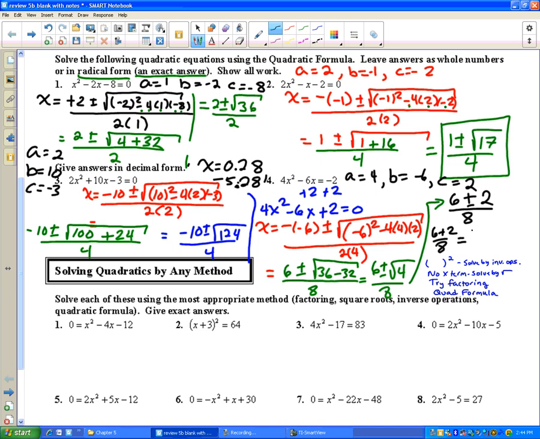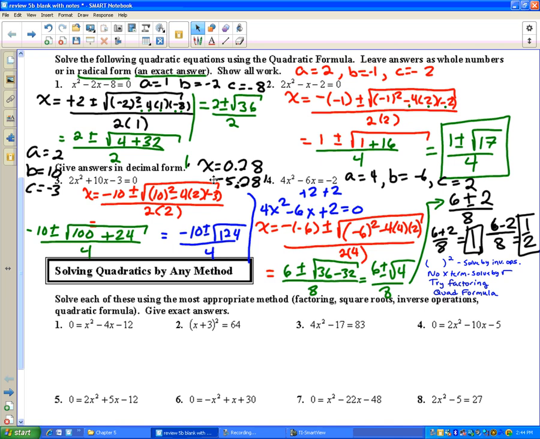Divide by 8 is 1. 6 minus 2 is 2. I did that wrong, excuse me. I'm ahead of myself. 6 minus 2 is 4. Divide by 8 is 4 over 8, or 1/2. So those are my two answers for number 4.